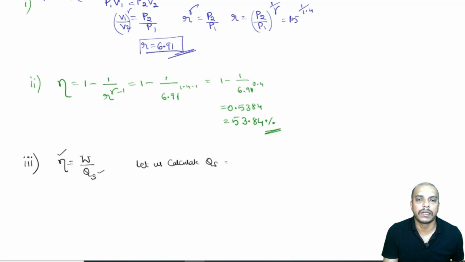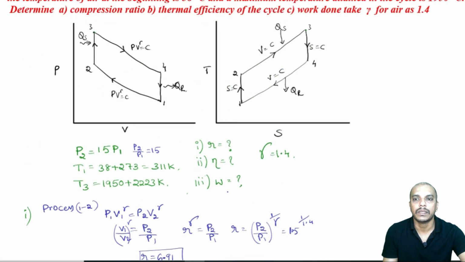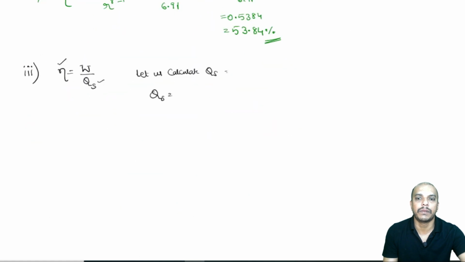Now how can we calculate QS? Heat supplied is happening at constant volume, right? So for constant volume, the heat supplied is MCV (T3 minus T2). We have not been given the value of M, so we will assume that we are doing it for 1 kg.